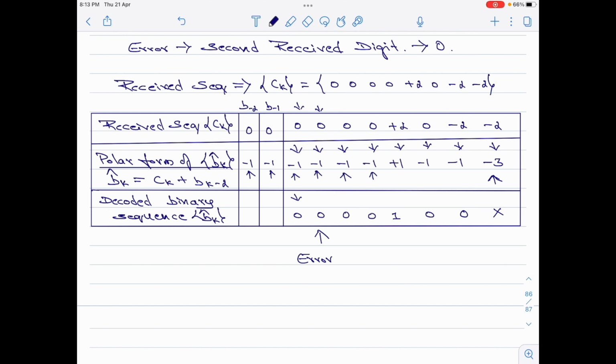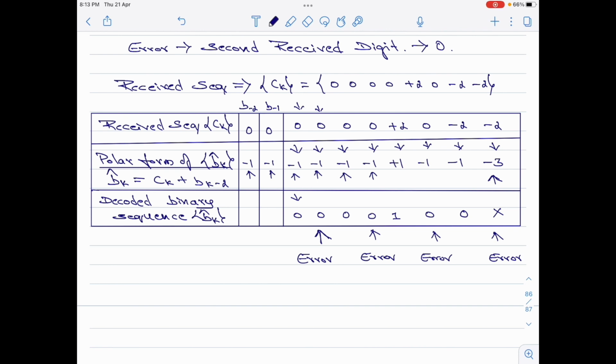That means that if b_k cap has to be correctly decoded, then b_{k-2} should also be correctly decoded. Now, coming back to position 2, we know that it is an error. So, quite obviously, you can expect b_4 also to be an error, and b_6 will also be an error. Lastly, b_8 is an error as well.